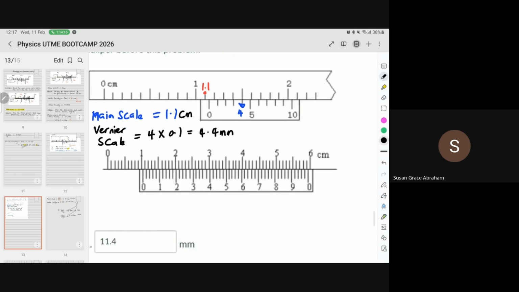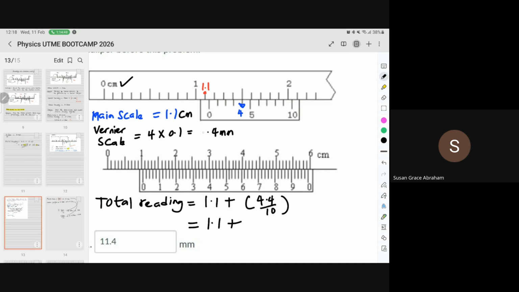That being said, total reading will now be equal to 1.1 plus, let's convert 4.4 divided by 10 because they indicated that here is in centimeter. So this will now give me 1.1 plus 4 times 0.1, that's 0.4, sorry.